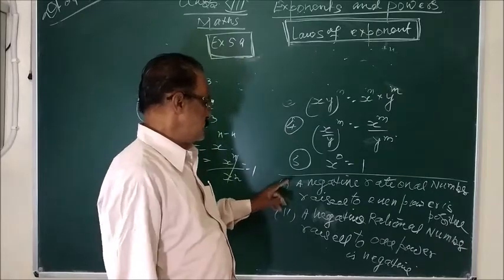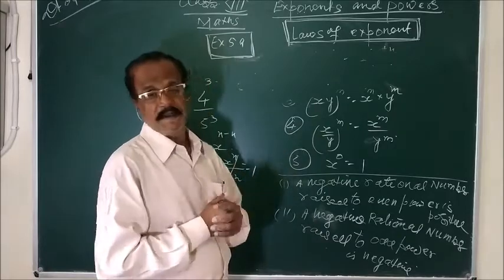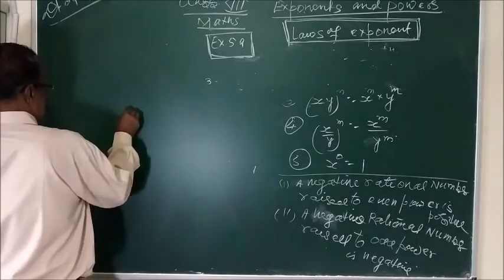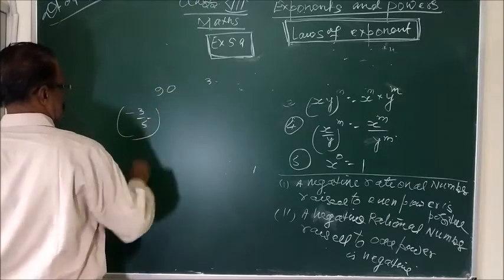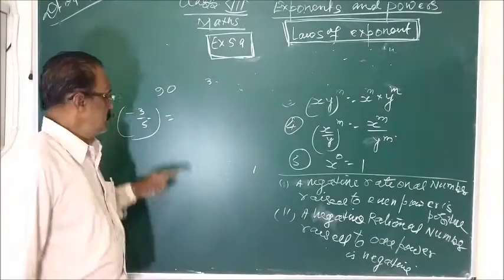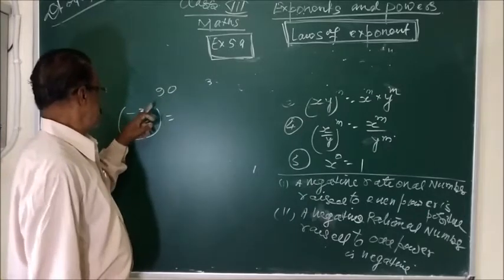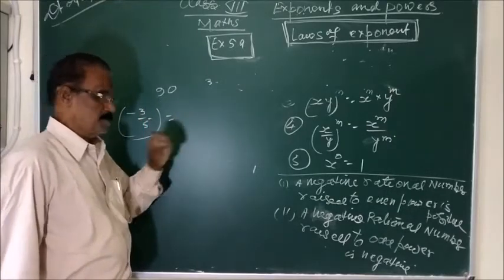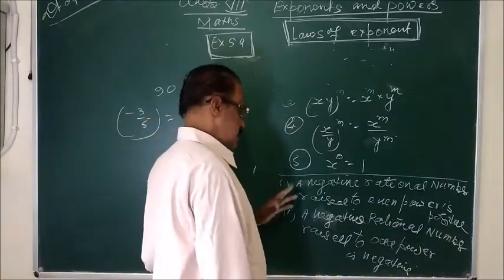And these two are also important rules. If a negative rational number is raised to a power, suppose -3/5 whole power 90, what will be the sign? You will find the product, but what will be the sign? If the power is an even number, the result will be positive, and if the power is an odd number, the result will be negative.